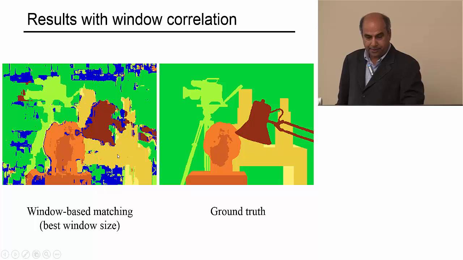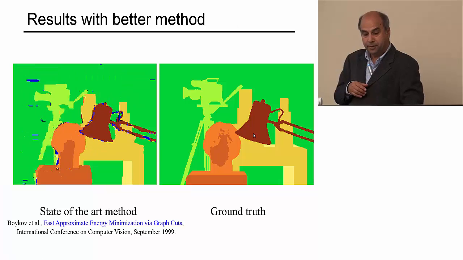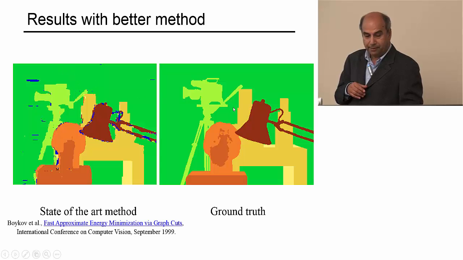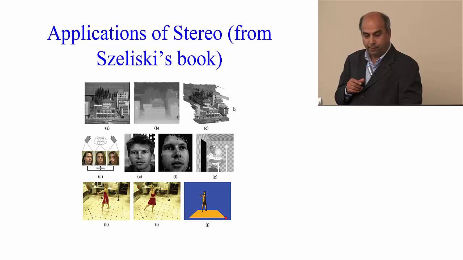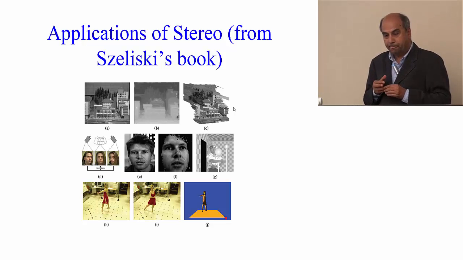If you do the simple window-based correlation, this is the depth map you will get. Compared to the ground truth, as you see, there is a big difference, and then this is the state-of-the-art method, which gives you a very nice result compared to this one. This one has a lot of errors, and this is very similar to the ground truth. So there's a whole data set there.